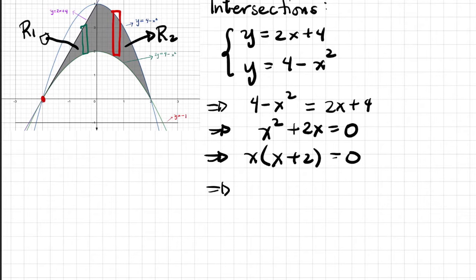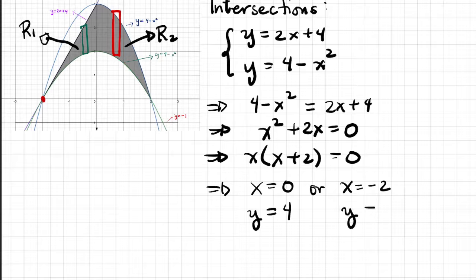I have x is 0 or x is negative 2. So y, when x is 0, y is 4. And when x is negative 2, y is 0. Okay? Actually, we found two points of intersection. We found this as well as this one.